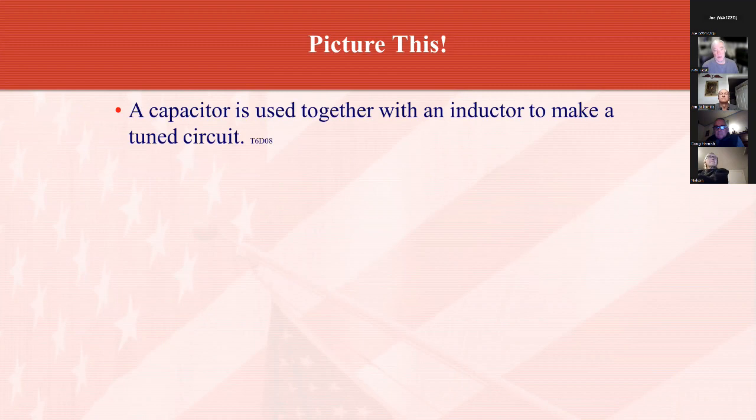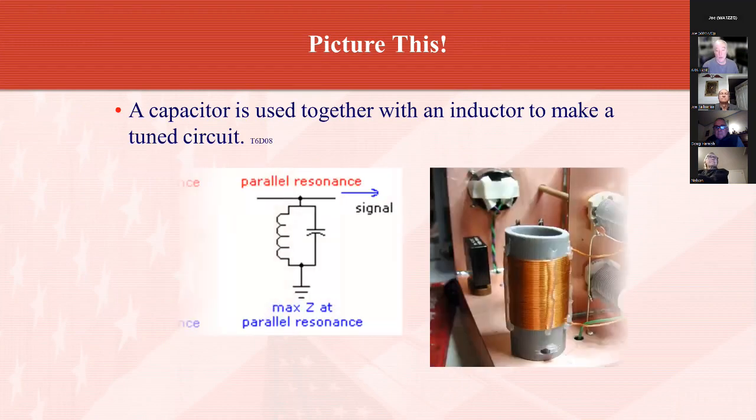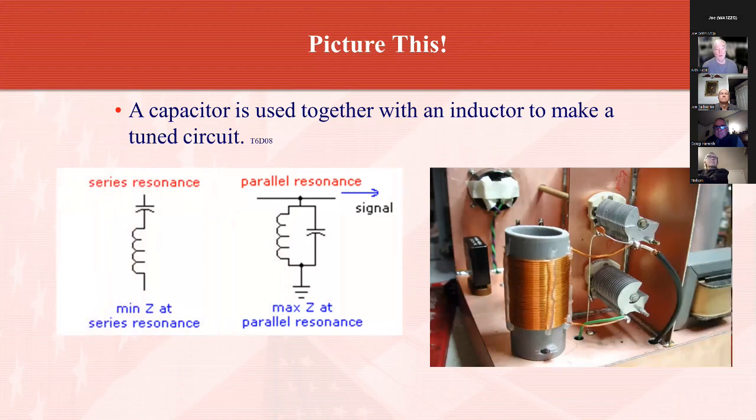A capacitor is used together with an inductor to make a tuned circuit. Here they're talking about series resonance and parallel resonance, where there is minimum impedance at series resonance and maximum impedance at parallel resonance. They each have their own schematic symbol.